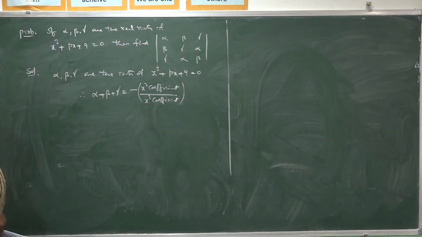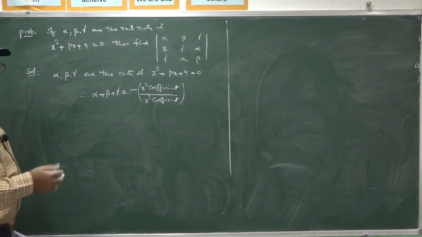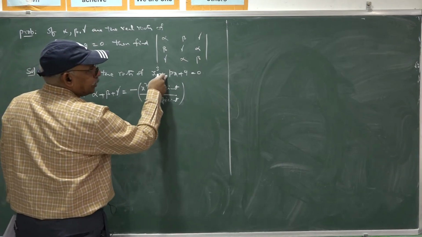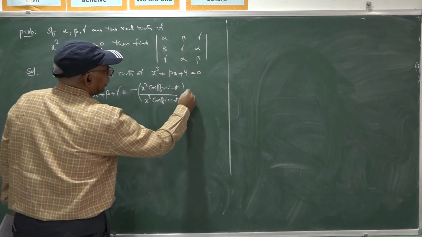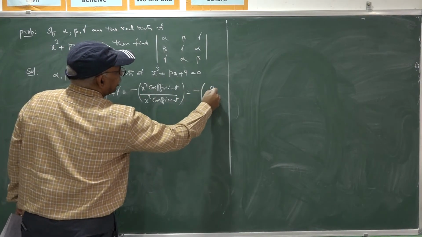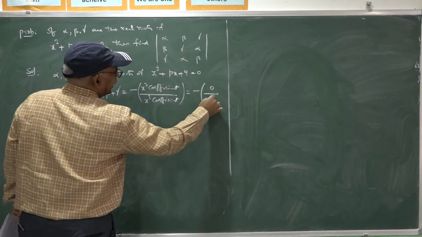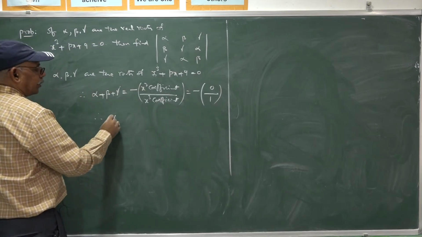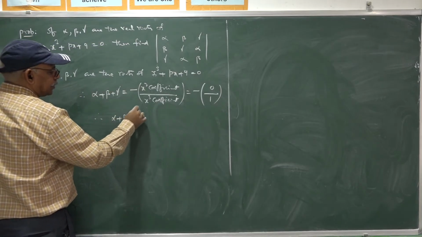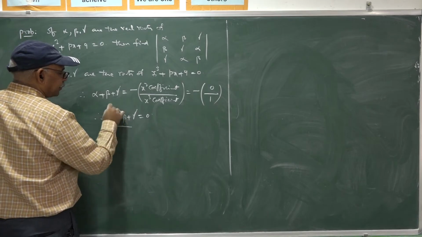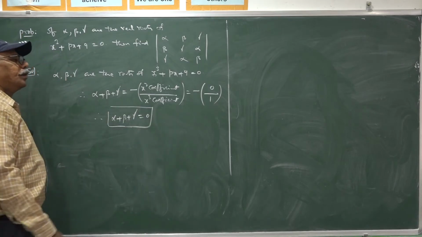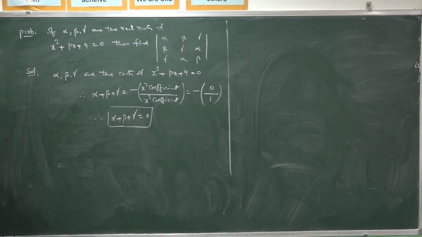But there is no x square term here, so the x square coefficient becomes 0, and the x cube coefficient is 1. So, alpha plus beta plus gamma is 0. That should be observed here.